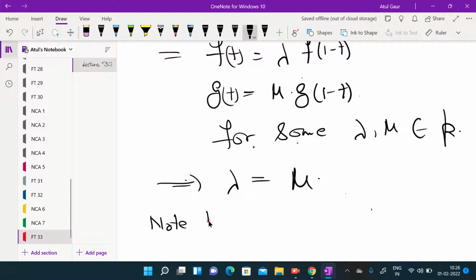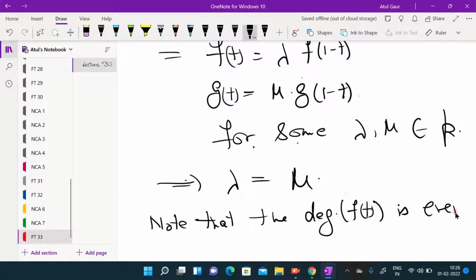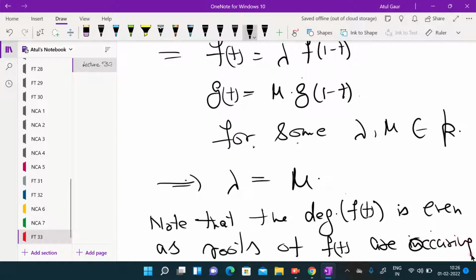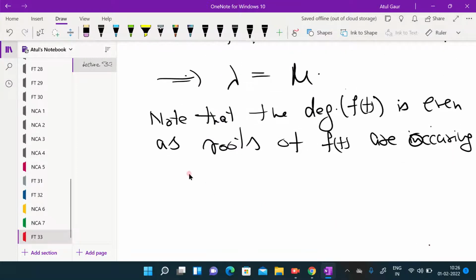So let me note that the degree of f(t) is even, as the roots of f(t) are occurring in pairs.